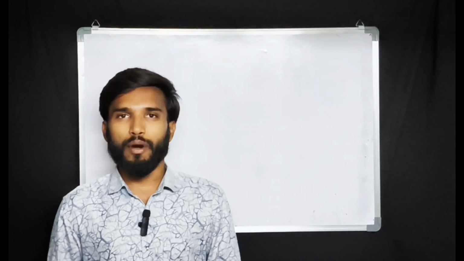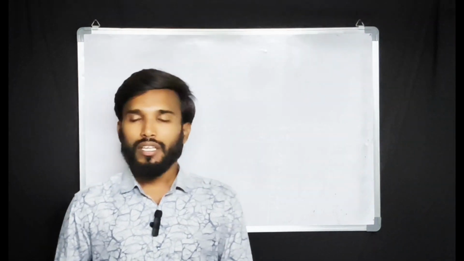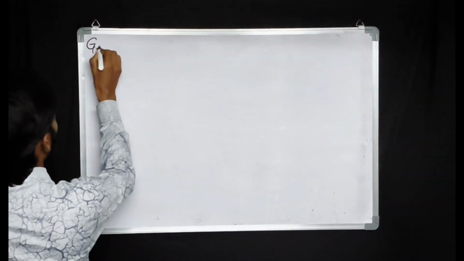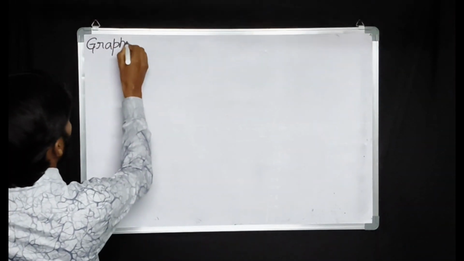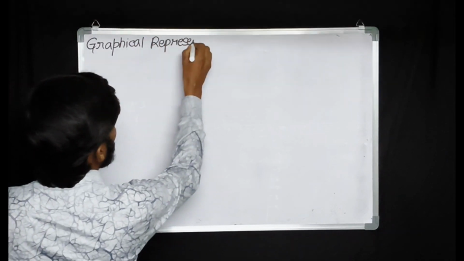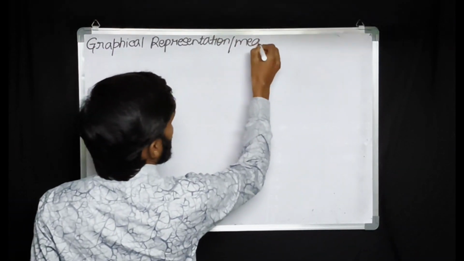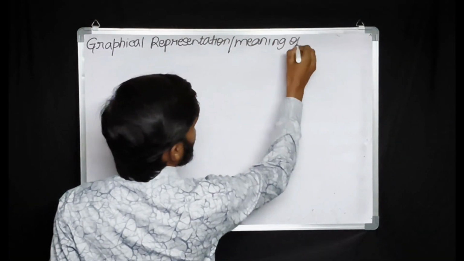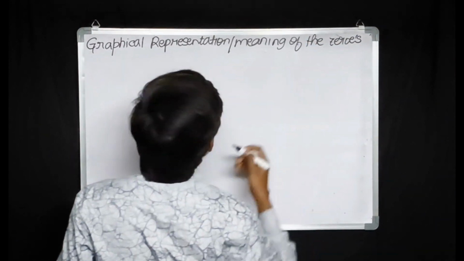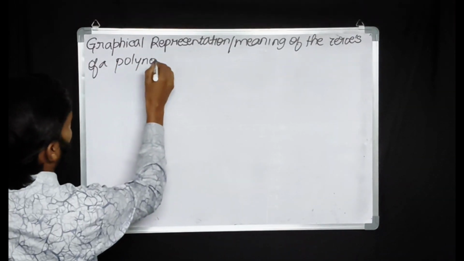Today we are going to learn about the graphical representation of zeros of a polynomial. What is that graphical representation? Graphical representation, or the graphical meaning of the zeros of a polynomial.